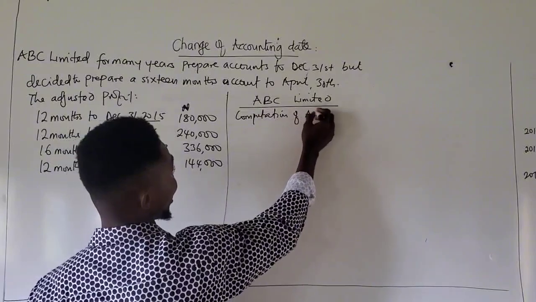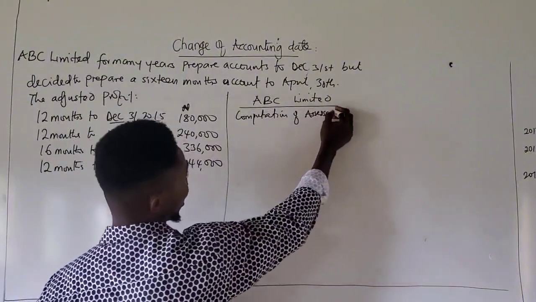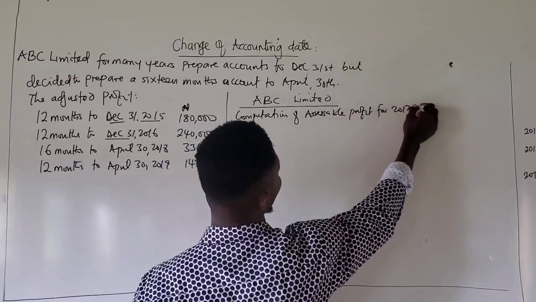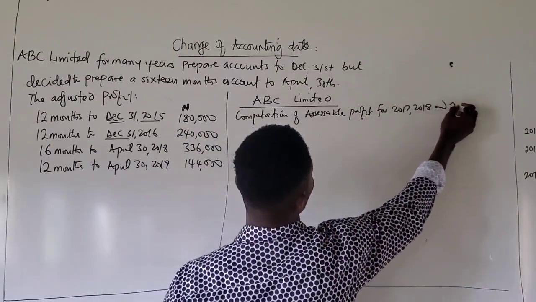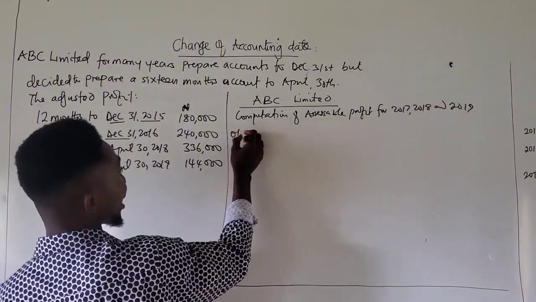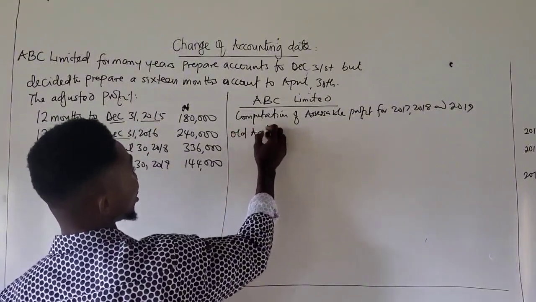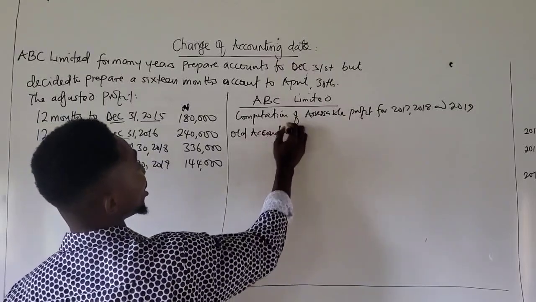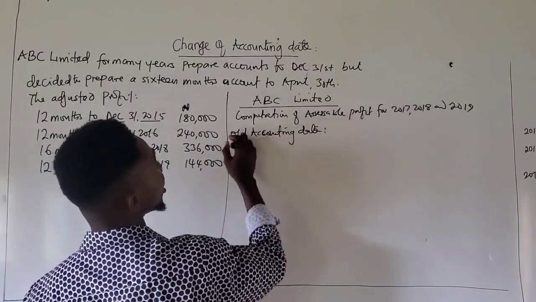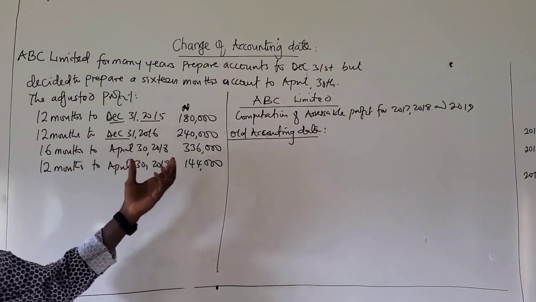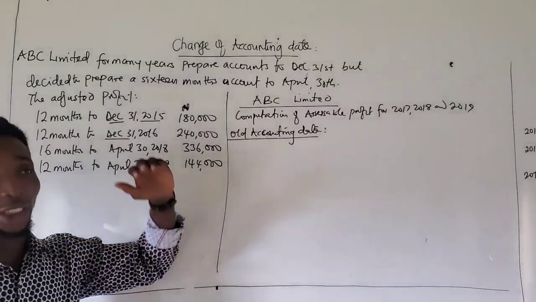So computation of assessable profit for 2017, 2018, and 2019 years of assessment based on the old accounting dates. So whenever you see questions like this, nobody will tell you whether to apply the change of accounting date principle. You don't need to be told whether you have to calculate this in change of account. In my previous video, we did commencement.